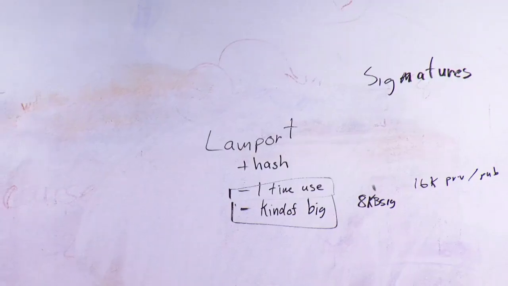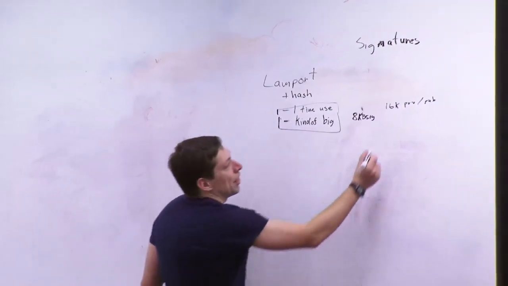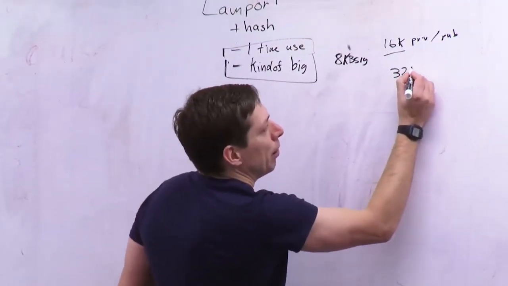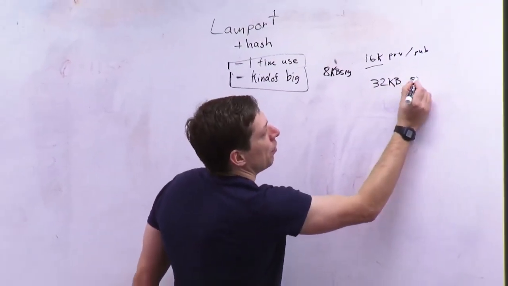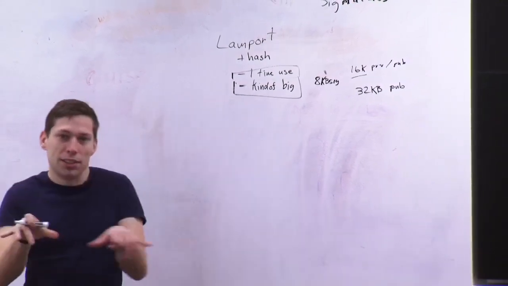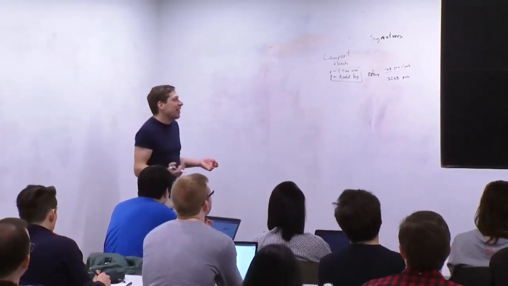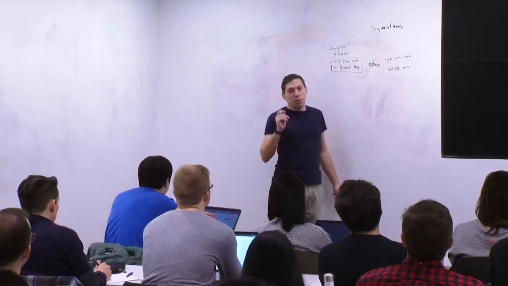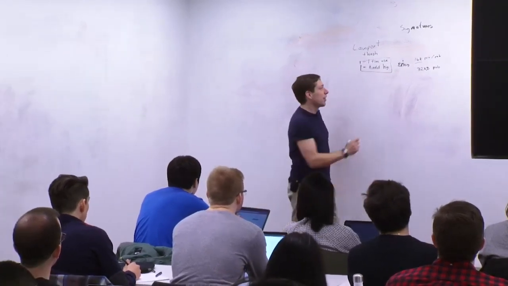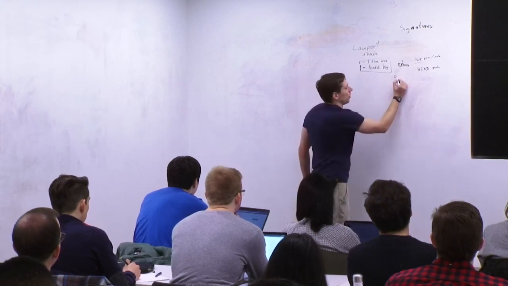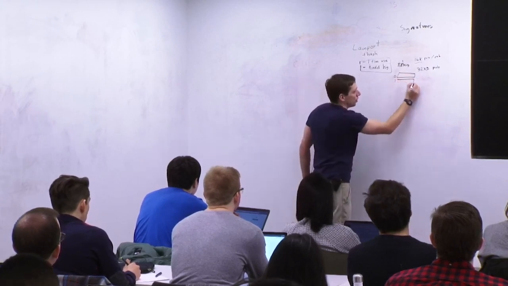Yeah, you make another key. So you could say, I've got this 16 kilobyte public key. Well, I'm going to make a 32 kilobyte public key, and it's just two public keys stuck together. Now when I make a signature, I just put an extra bit in the front and say this signature is using key 0, or key 1, and it's got the whole signature after.